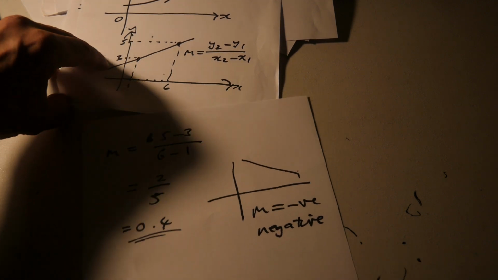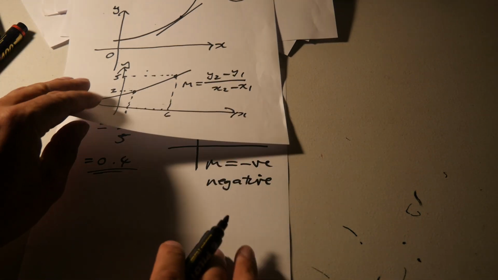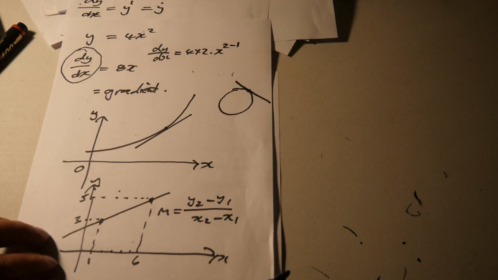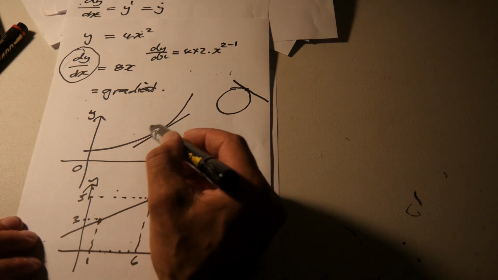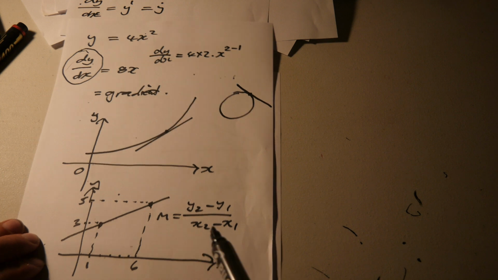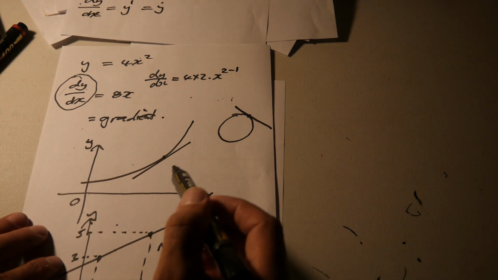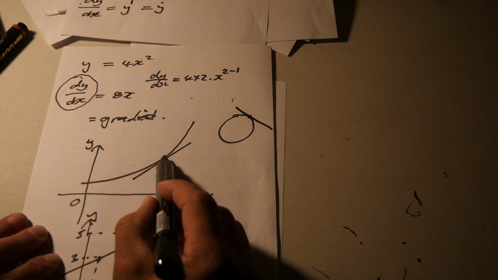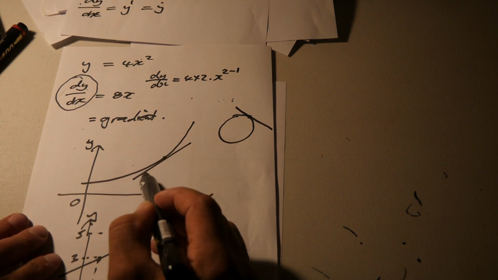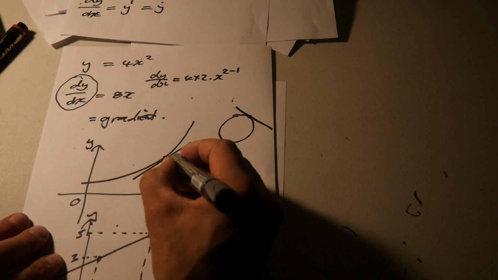Okay, but unlike with a straight line, when you have curves, you can't do that. You can't use this formula. So Newton and Leibniz came up with a method for basically working out the slope at a point, the gradient at a point, okay?